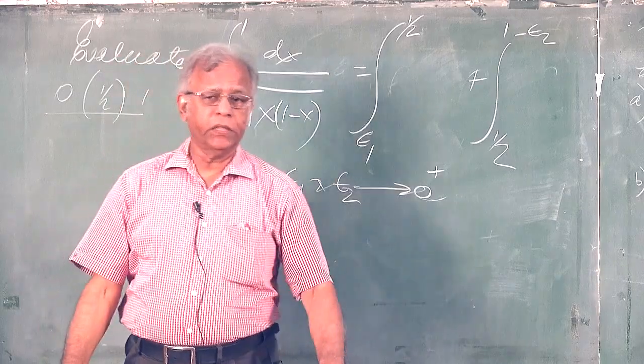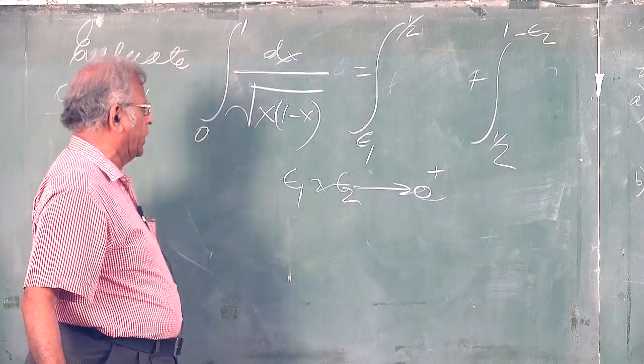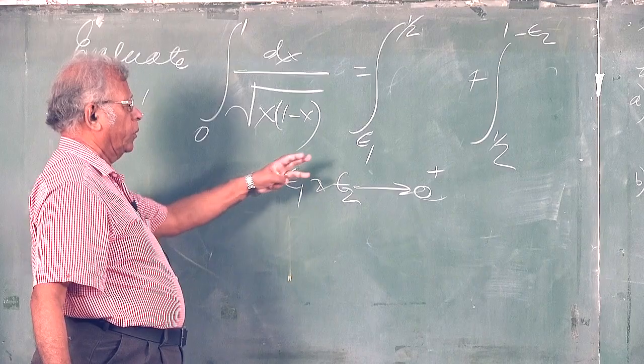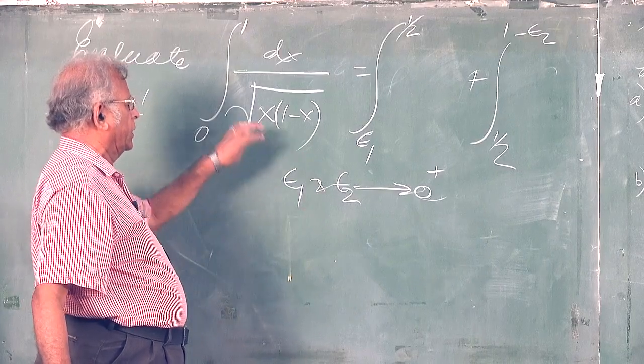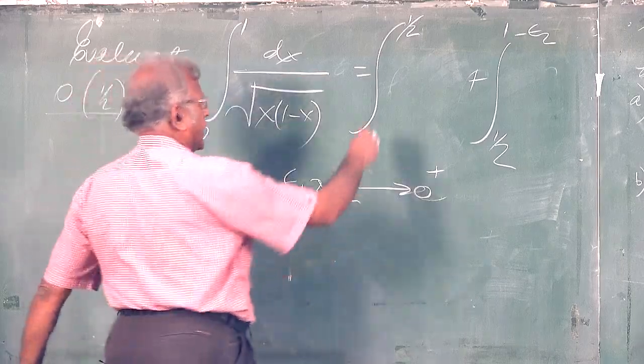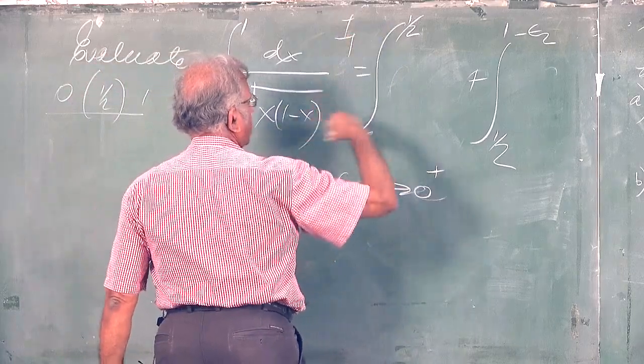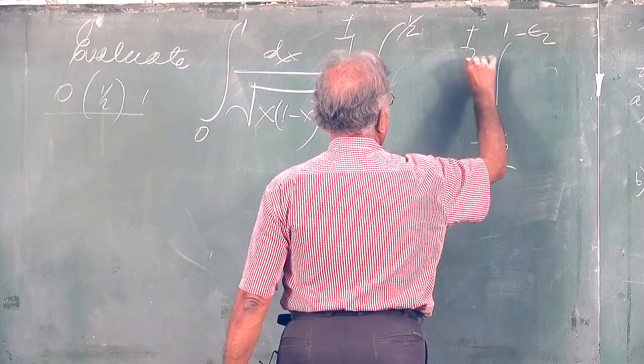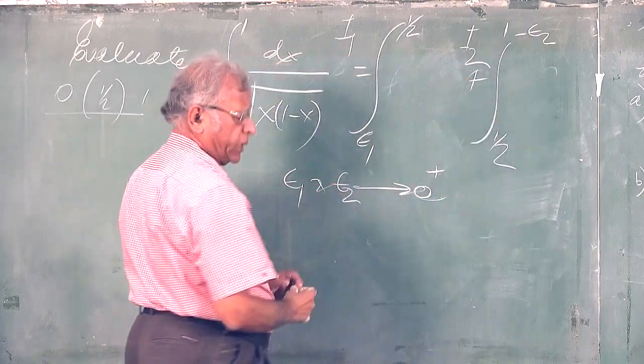So that guarantees that we are very much within the interval of integration. We'll call these I1 and I2, combine them algebraically and see what happens.